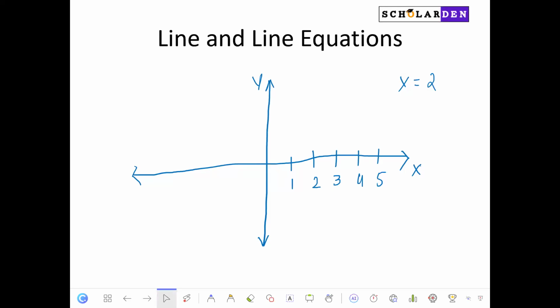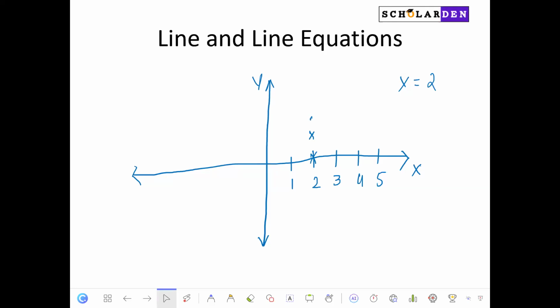Now we know that this is the x-axis, right? So the first thought from some of you might be that this is x is equal to 2. This is partially correct. Yes, this is x is equal to 2, but it is incomplete. Why? Because if we go along this value of the x-axis and start moving upward, say over here, this is also x is equal to 2 because it is in line.